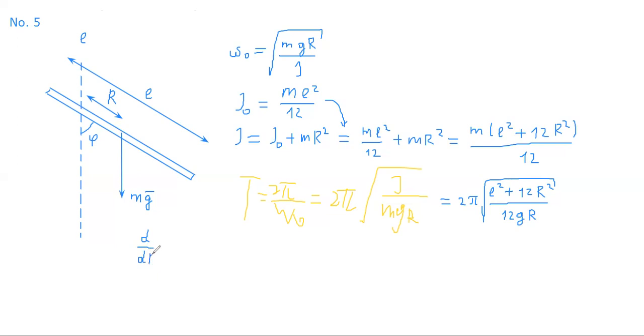So we have to find the derivative of this expression, L to the power of 2 plus 12 r to the power of 2, divided by 12 g r.